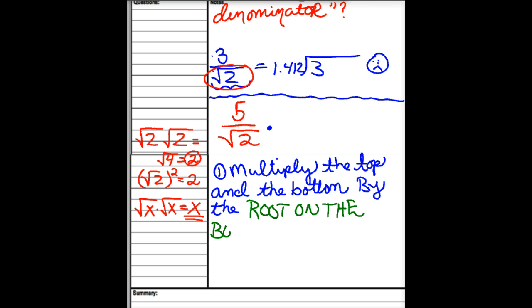So we multiply the top and the bottom by the root on the bottom. Let me show you what I mean by that. But I'm going to let you write that down. I want you to underline it.